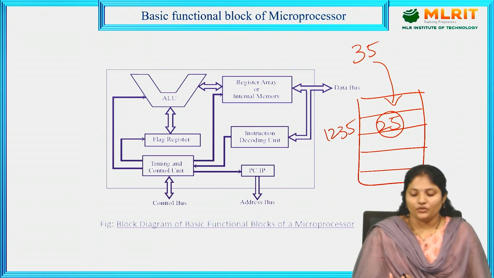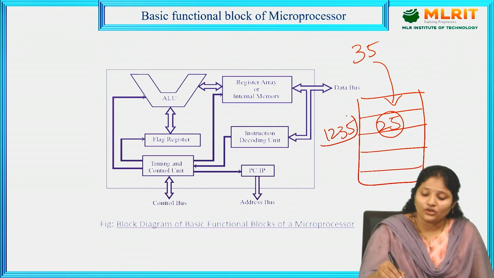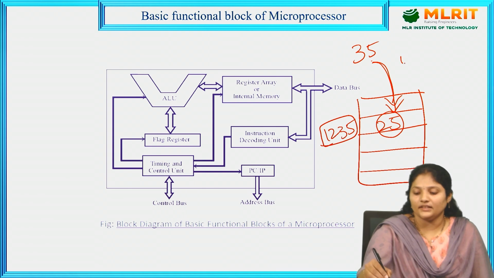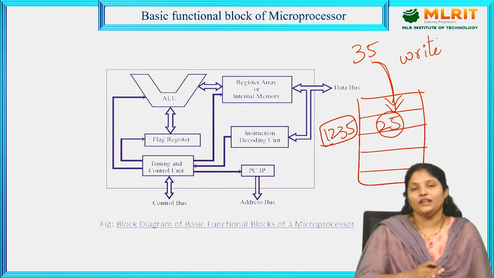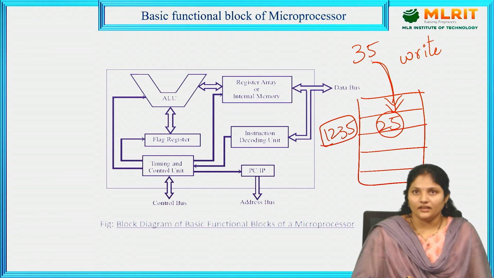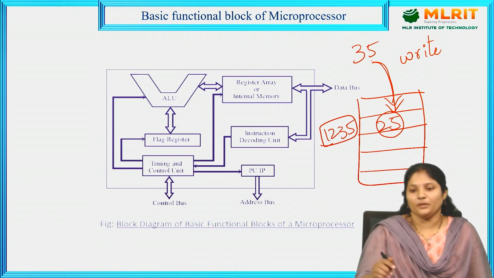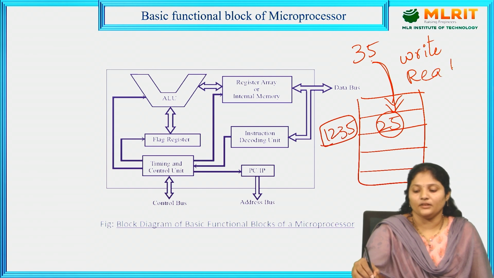First, the microprocessor fetches the address of that particular number, and then you need to insert 35 into that location, which is nothing but the write operation. So when we are inserting any data into the memory, that is the write operation. When we are fetching data from the memory, it is the read operation.